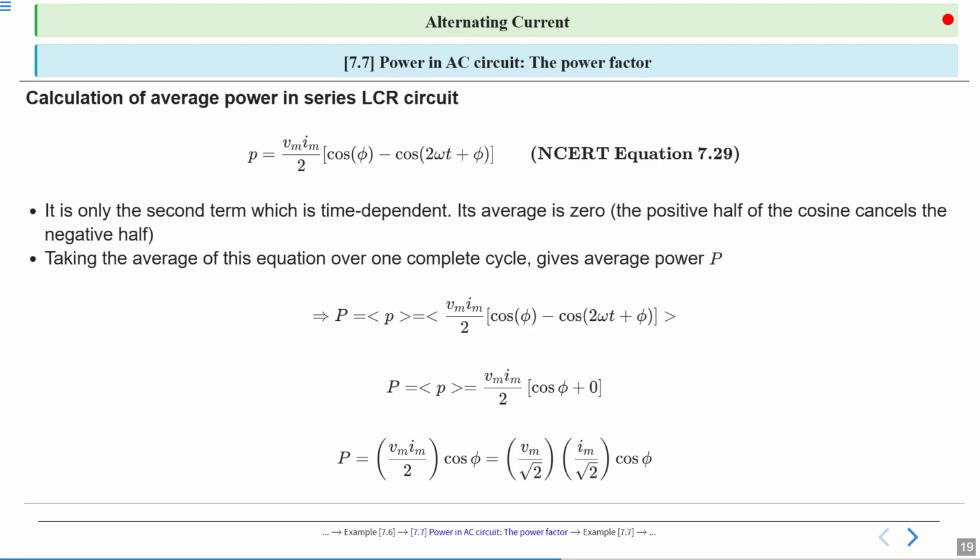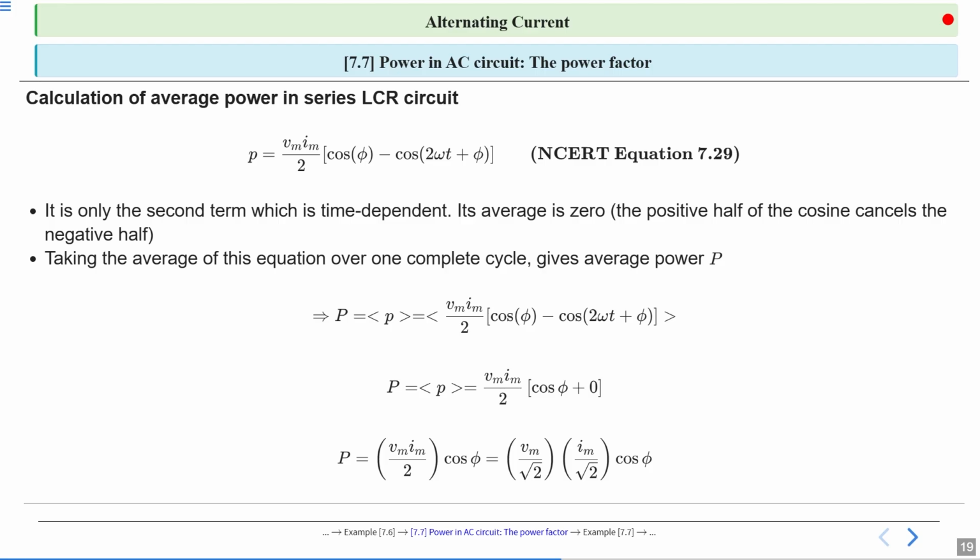So we can write this 2 as root 2 into root 2. Can we write? Yes. So we can write it as Vm upon root 2, Im upon root 2, cos phi. Now, what is this Vm upon root 2? This quantity is Vrms. What is this Im upon root 2?